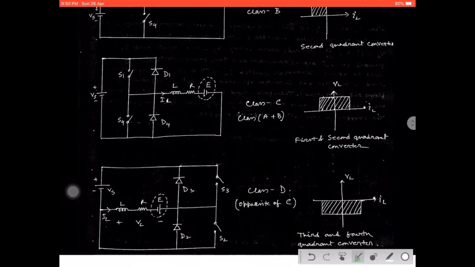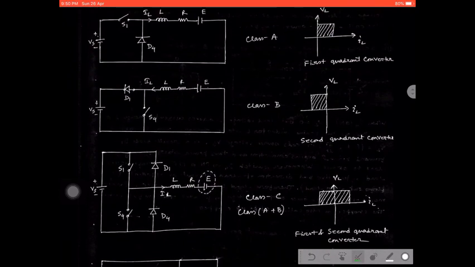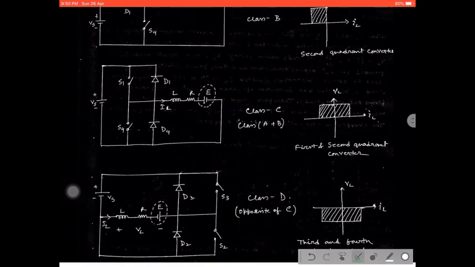That is why the direction of the E has changed in this particular circuit. Apart from this, all the other parts are connected in a similar manner for E. But as it is the opposite of C, it should be connected opposite to this direction. As the load is connected to S3 at this part, E, which is a kind of back EMF, should always be opposite to the supply voltage.